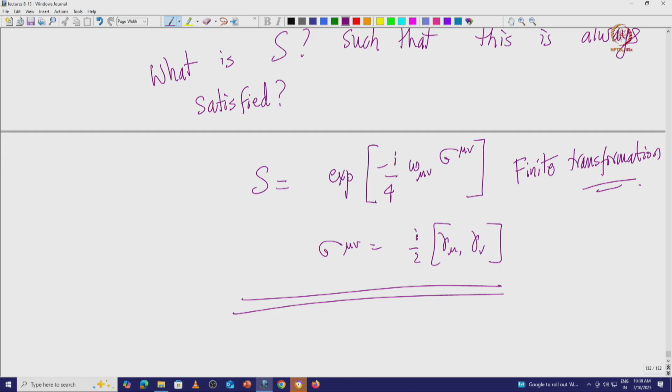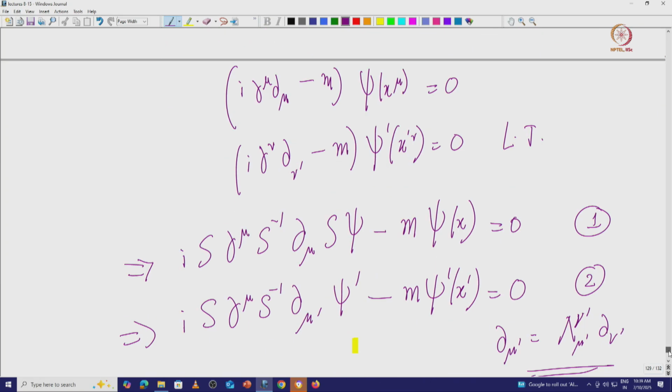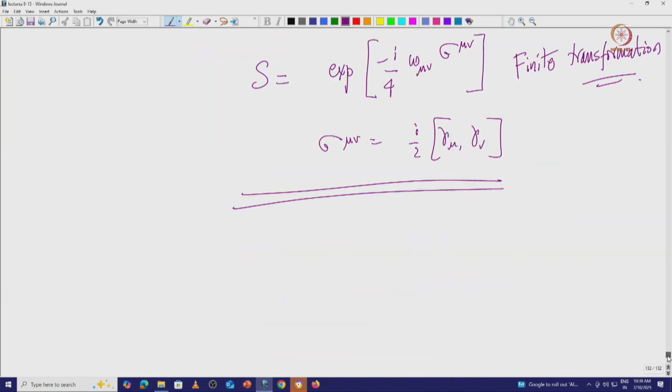The omegas are your tiny rotations and tiny boosts, the generators are your sigma mu nu, and the representations of mu nu are gamma mu and gamma nu in the spinorial space.